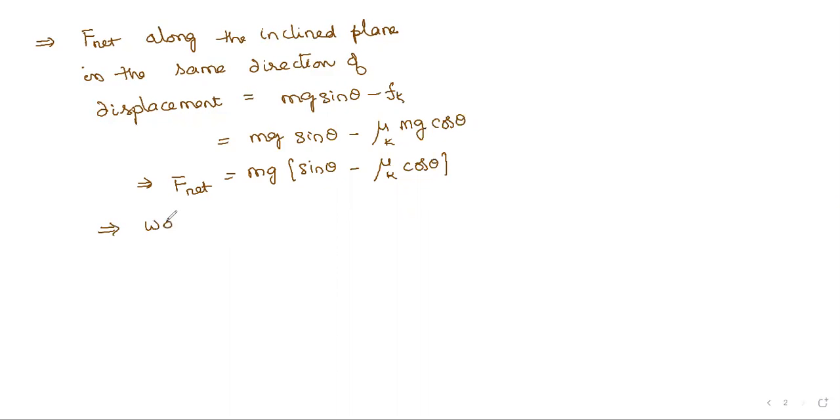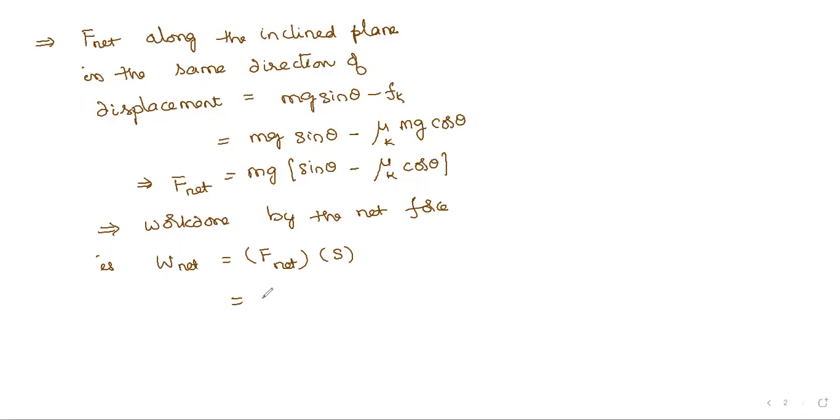That implies the net work done by the net force is F net into the displacement in the same direction. No need to write cos theta, since same direction means cos 0 is 1.